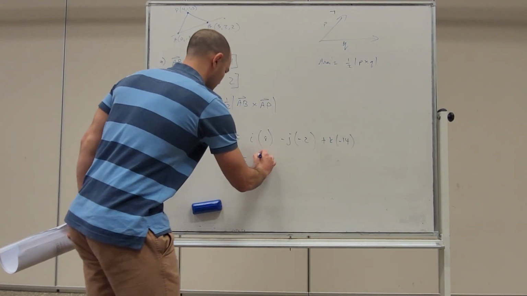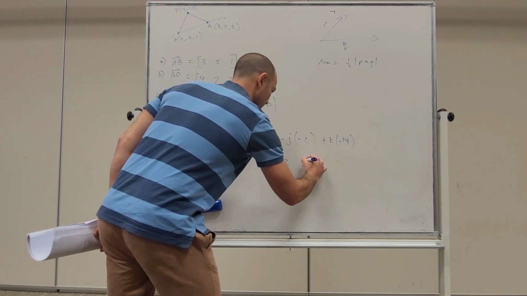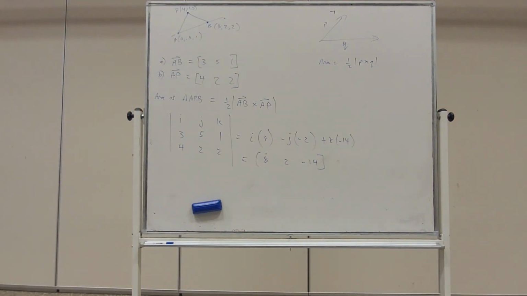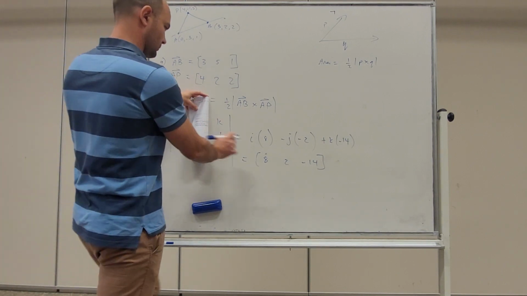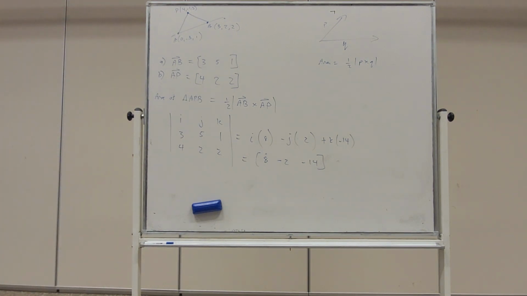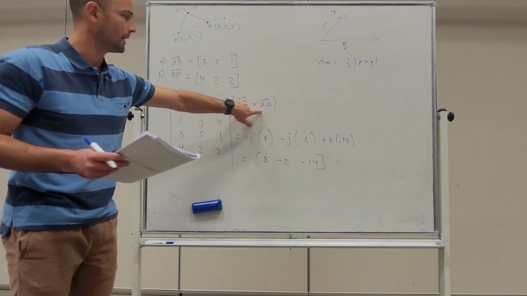All right, so that gives us 8, +2, and -14. Would it not be 6? 6 take 4, that's +2. Yeah.